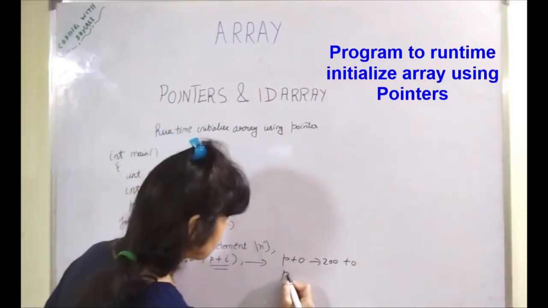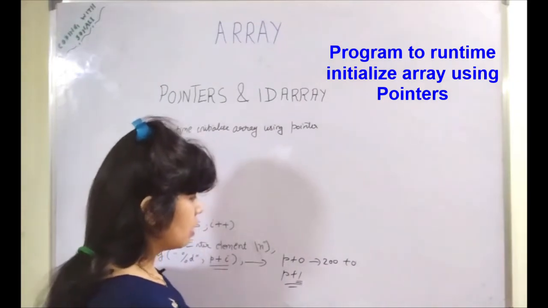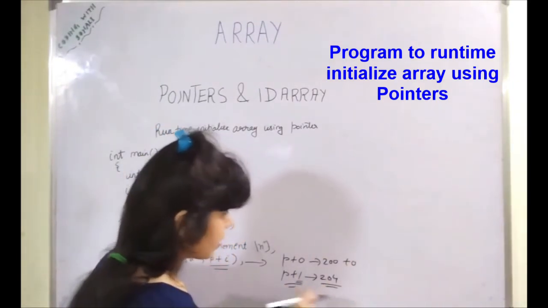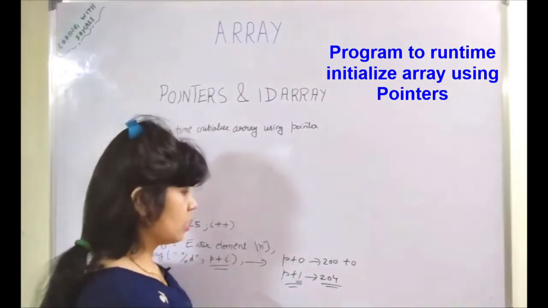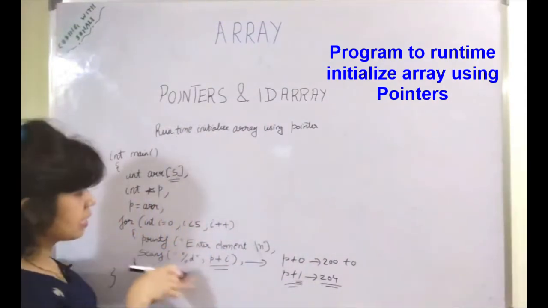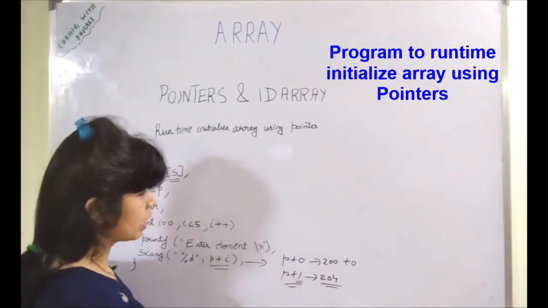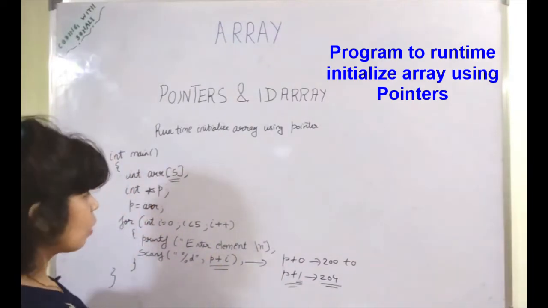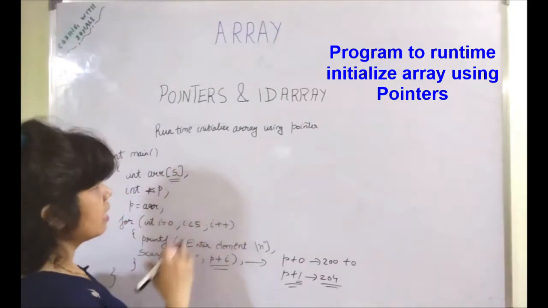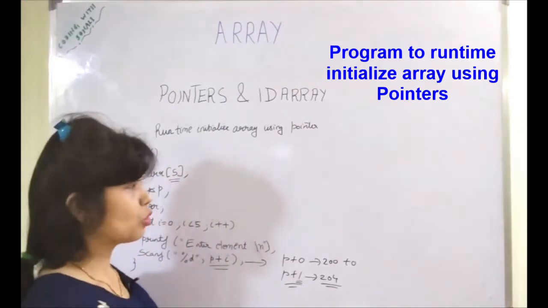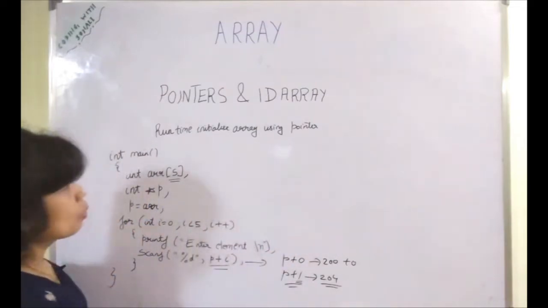Then again p plus 1, so 4 bytes, that is at 204, we are collecting the value which the user is entering on the console. In this format, I will be taking the input from the user and storing it at the addresses. And this is how to initialize the array at runtime, because we are asking the user to give the input on the console using the pointers.